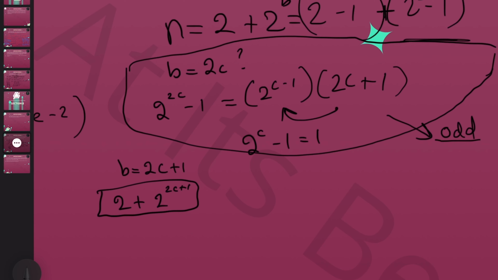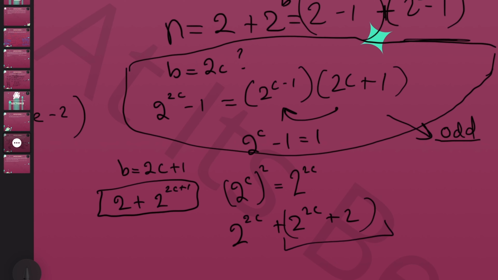Well, you might want to start thinking that 2 to the power of c squared is equal to 2 to the power of 2c. And it may look like we're in the right ballpark, but for that to be one of the squares, we would need to add 2 to this. And this now would tell us that it's definitely not a square, so it's only 2 more than that. But we are in the right direction.